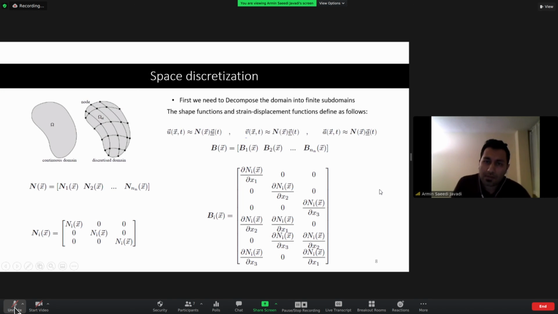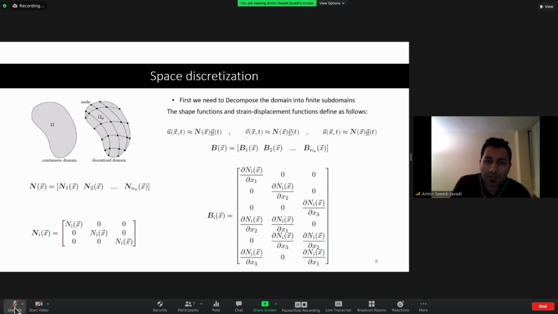The first step to solve this functional is to discretize it into some elements. We need a space discretization. For that, we need shape functions N and strain displacement functions B, which I think Akshish talked about.